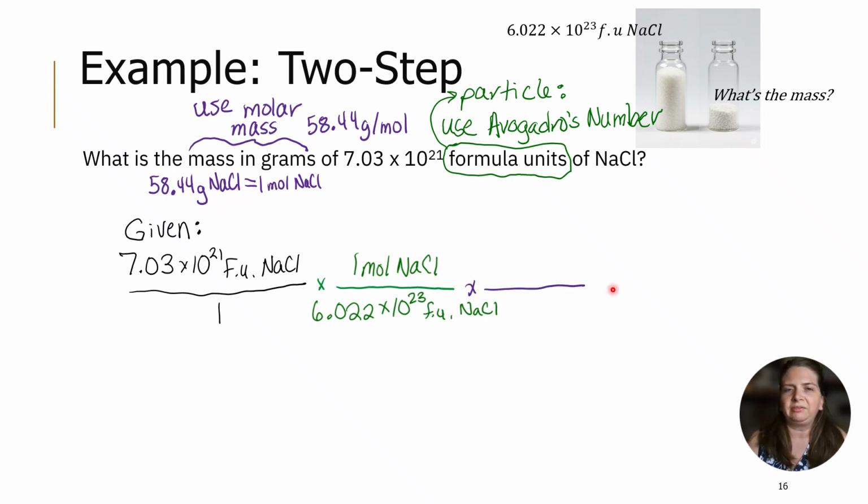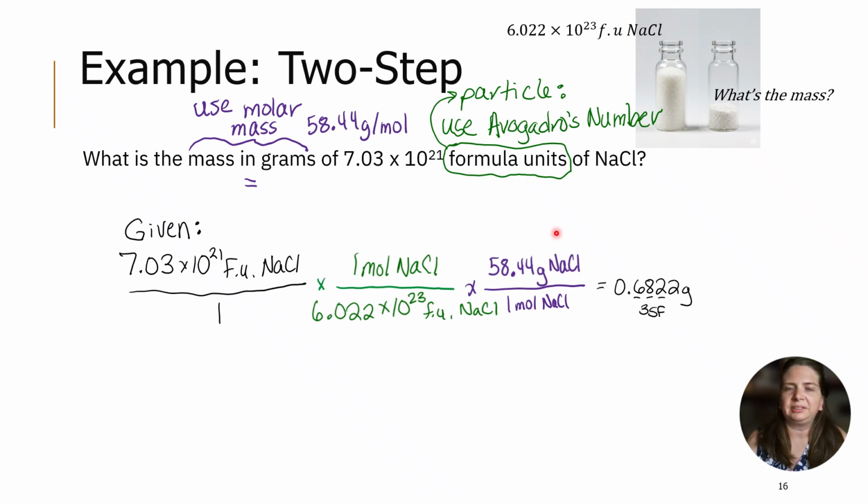We still need to convert from moles into grams. Set up our second conversion factor by copying the unit from the previous step into the denominator. The molar mass goes on the opposite side, 58.44 grams of NaCl divided by 1 mole of NaCl. Now our units will cancel, leaving us with grams of NaCl.